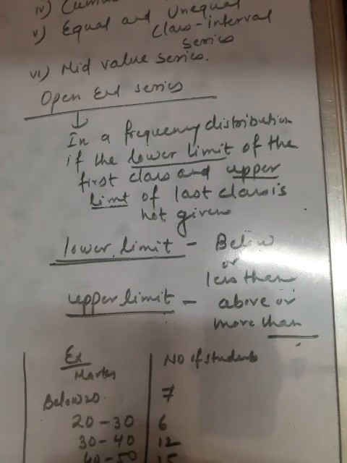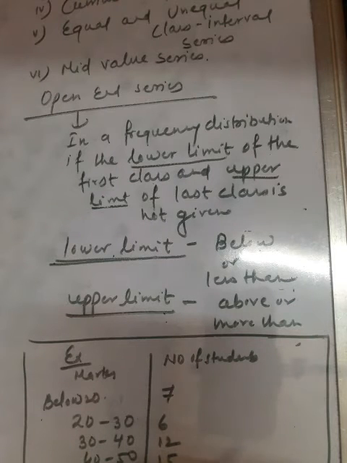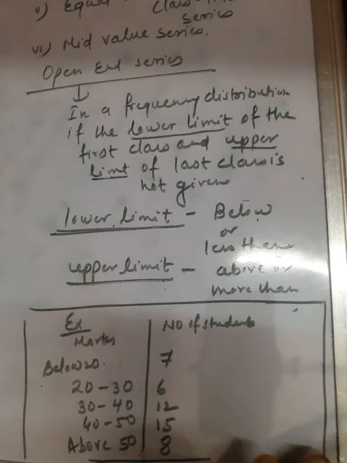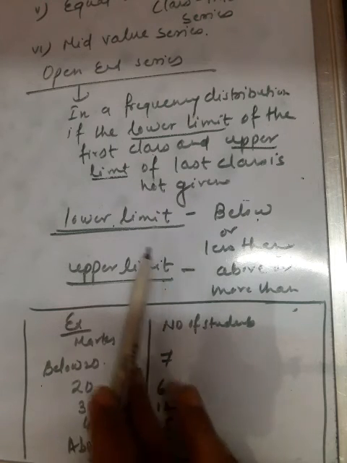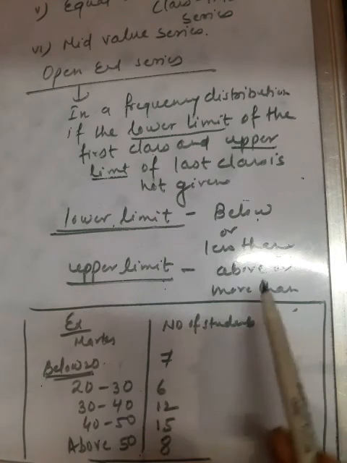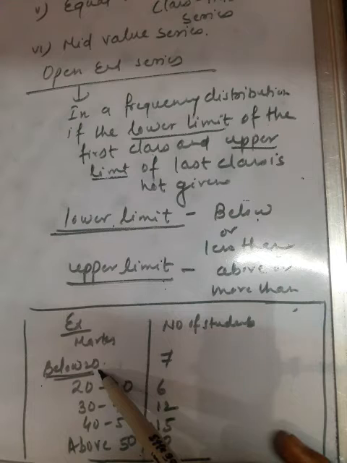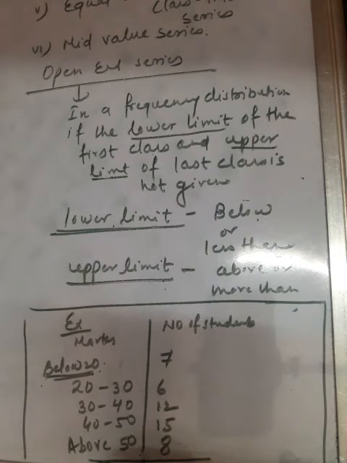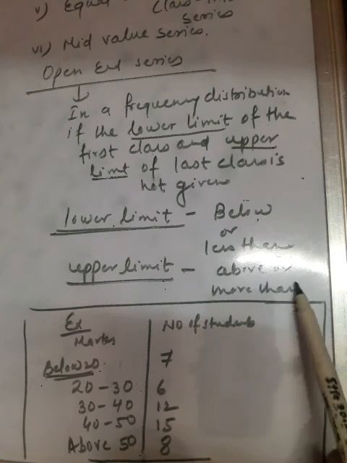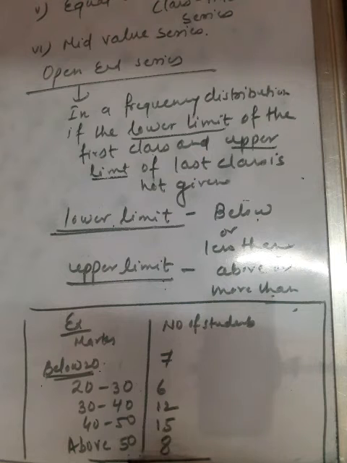If this kind of table or frequency distribution is given, that kind of series is known as an open-end series, where in place of the lower limit the word below or less than is used, and in place of the upper limit the word above or more than is used.